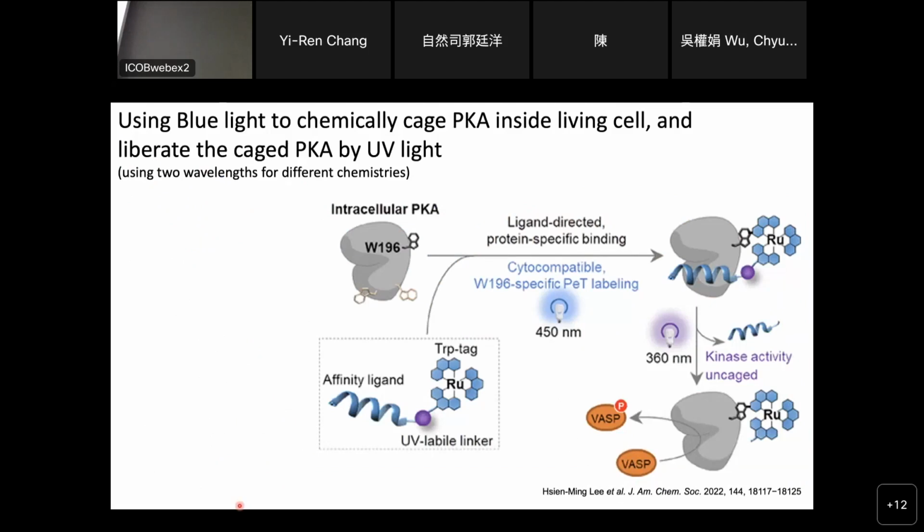And this one is a very recent work. The beauty of this is we can use blue light instead of electrophilic chemistry to conjugate the peptide to the protein in living cells, because it's very chemoselective, because this photo-induced electron transfer reaction requires a very, very short distance, so it won't react with other off-target proteins.